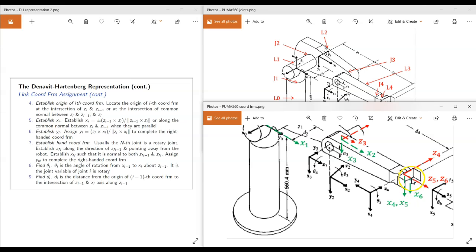So this is our origin of the last coordinate frame 6, and X6 is parallel to both Z5 and Z6. So this is how it looks, X6. And then finally assign Y6 to complete the right-handed coordinate frame.